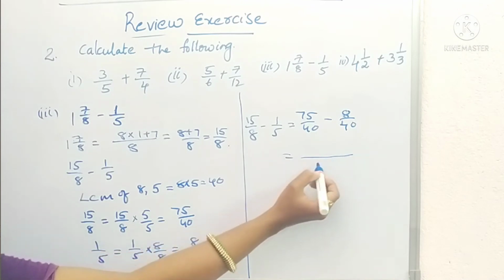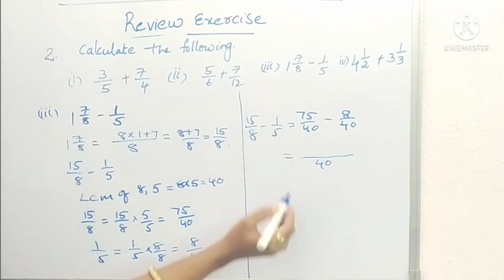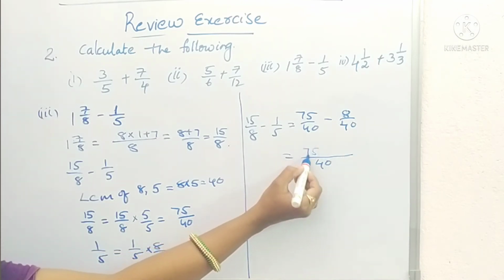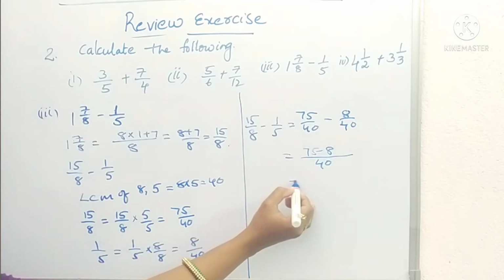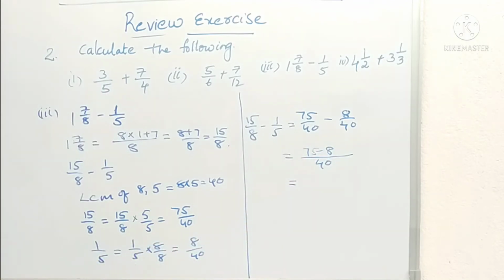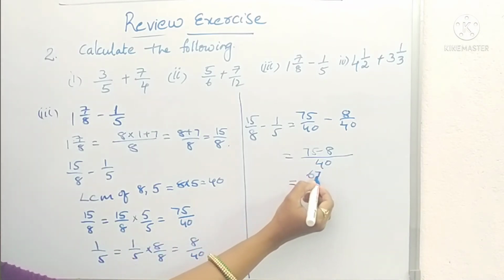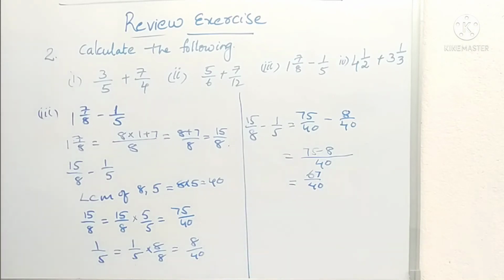Now the denominator is the same, so LCM 40, 75 minus 8. How much is 75 minus 8? 67. So 67 by 40. We can put this as the final answer, otherwise we can write it as a mixed fraction also.